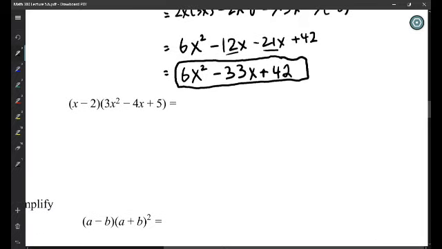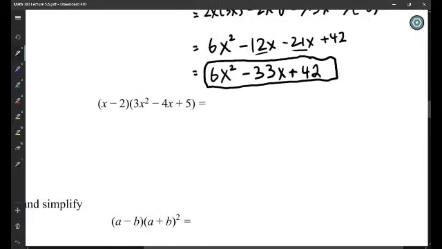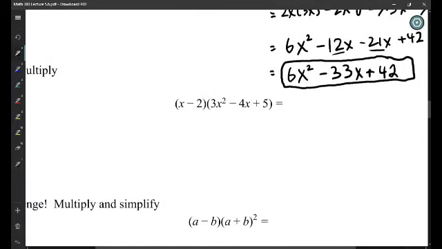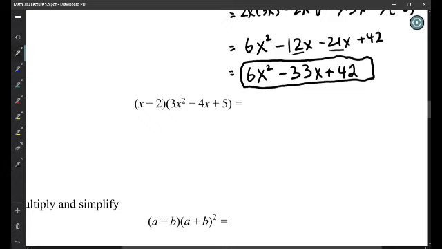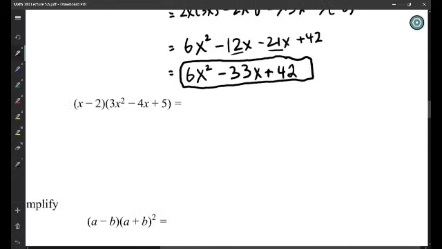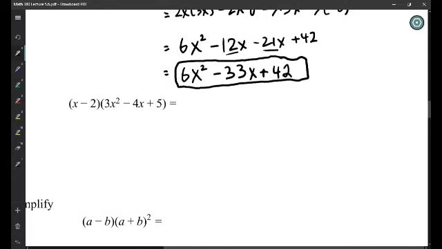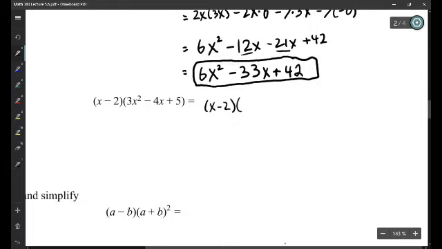Last example here. We have multiple terms in our polynomial, more than 2. So a binomial times a polynomial with 3 terms. The same idea holds. So we have x minus 2 times 3x squared minus 4x plus 5.